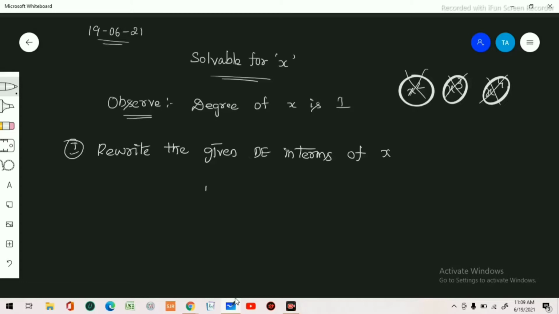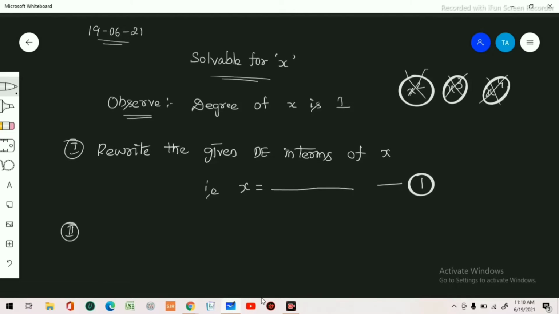That is, keep the x term on the left hand side and shift all the other terms to the right hand side. You will get one equation, which you call equation number 1.